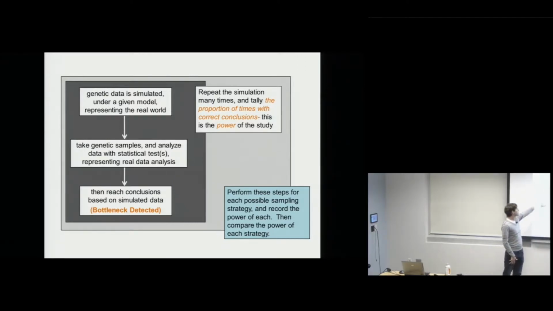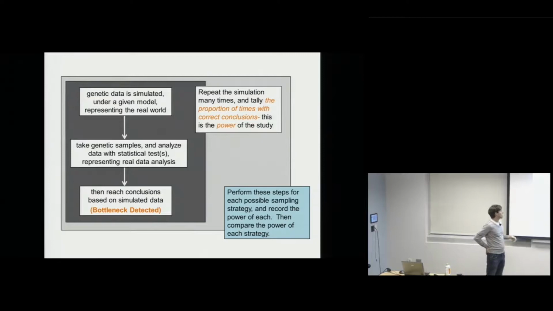We're going to take a given number of genetic samples from this simulated real world and analyze those simulated data as we would in the real study. So we're going to use the same analyses that we plan to use in the real study, and reach a conclusion based on that simulated data. Say we're trying to detect a bottleneck, this recent change in population size. That might be our conclusion based on this simulated sample.